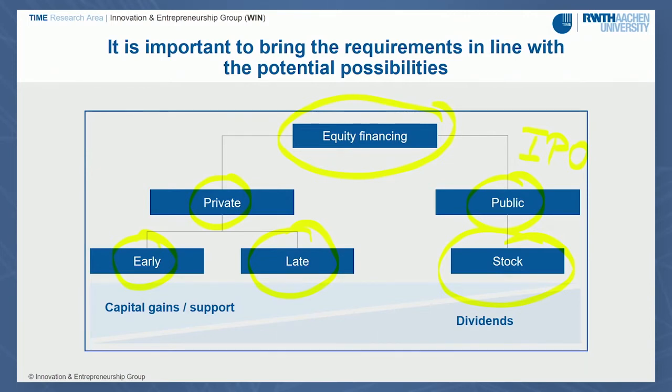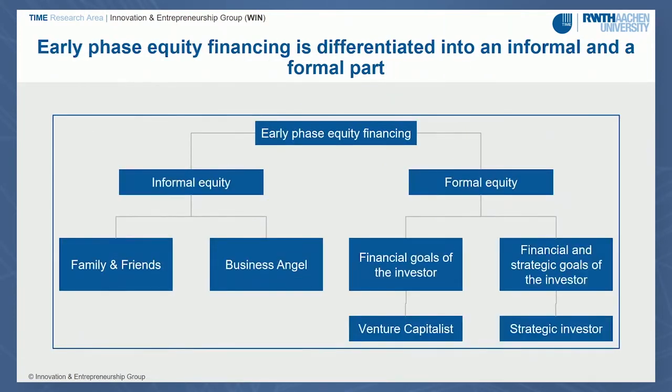And if you want to go deeper, and I'd like to focus now on the early private equity part, you can differentiate that more and say, okay, there's an informal part in the early phase equity financing, and there is a formal part. Informal means there are private individuals who normally don't have a fund structure.